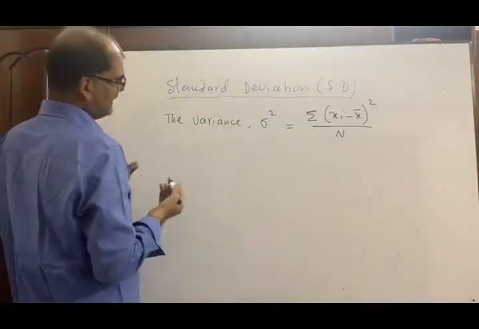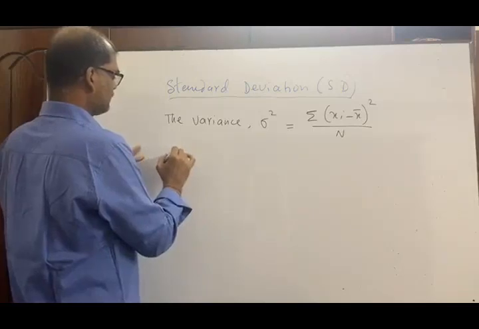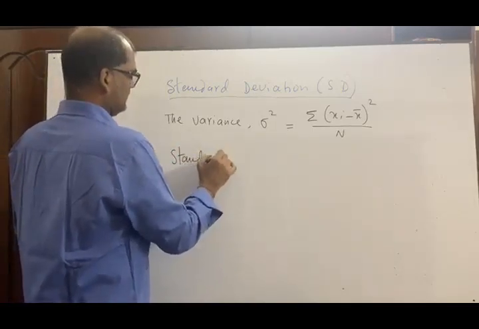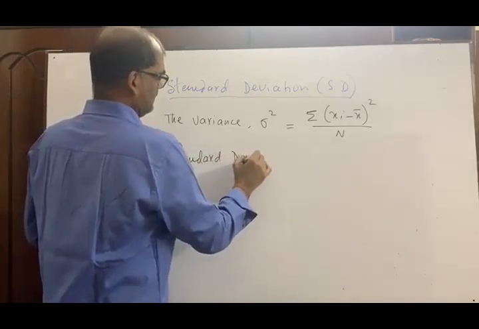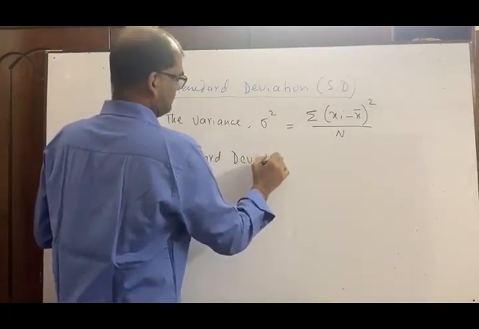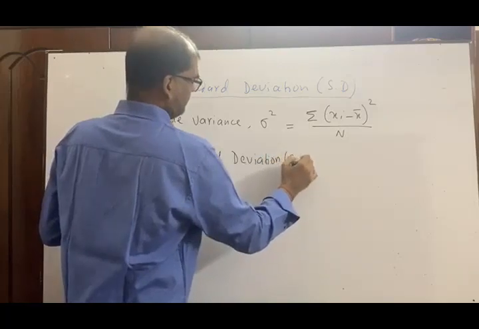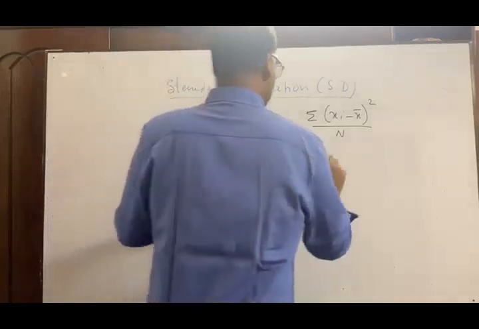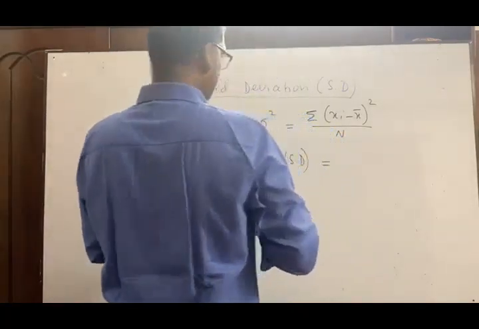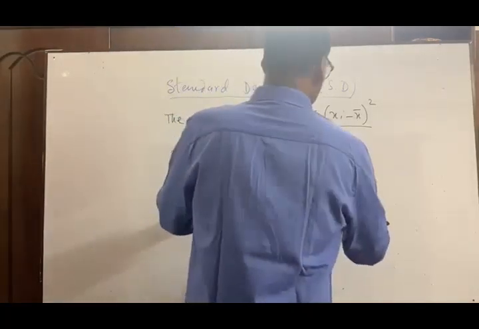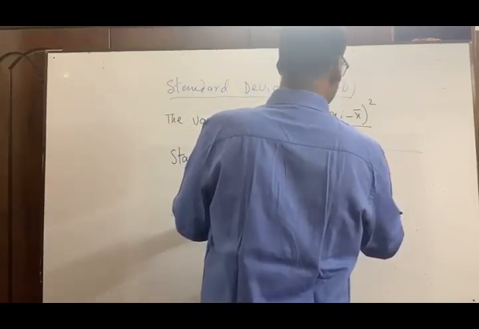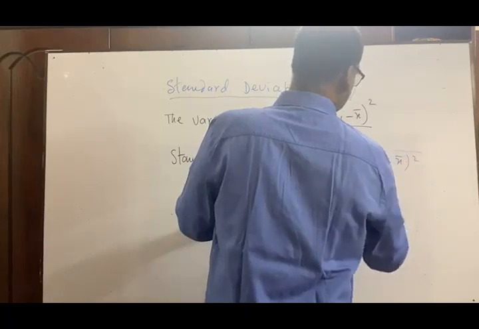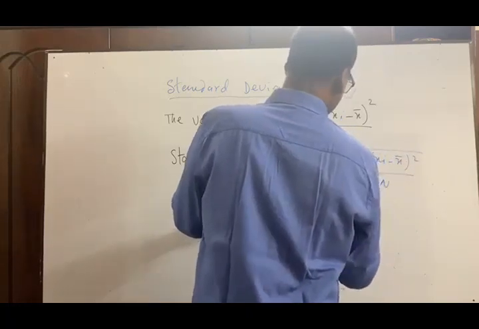Then what is standard deviation? Then standard deviation is equal to, write down, root over summation xi minus x bar whole square by n, is equal to sigma.